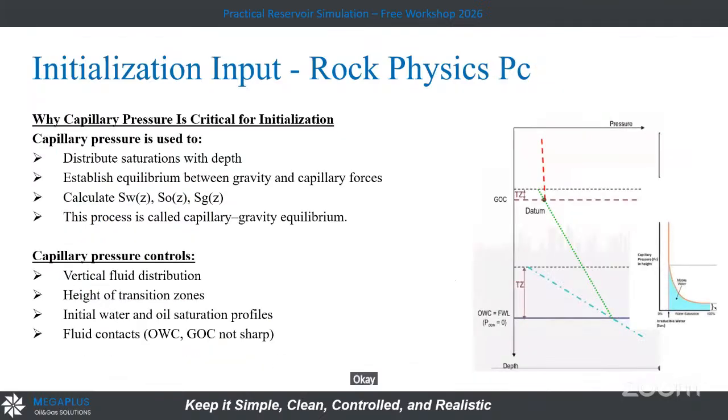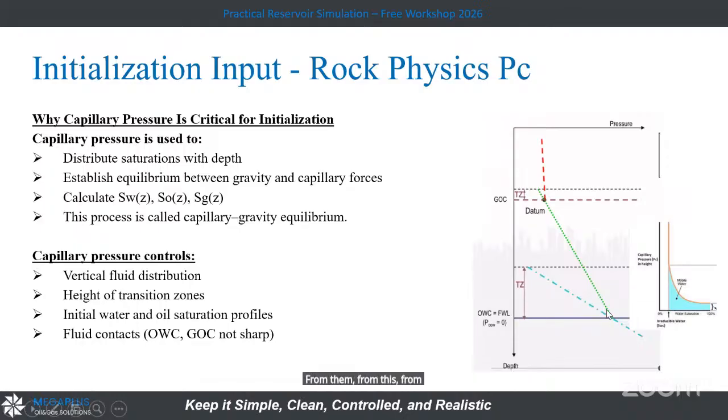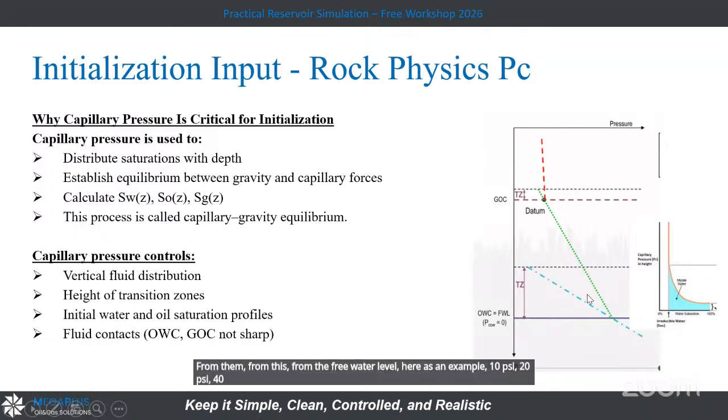Okay, so if I here, as an example, say that there is a free water level and this capillary pressure, as an example from 0 to 40 psi or something. So at each difference from the free water level, here as an example 10 psi, 20 psi, 40 psi, it will go through the dynamic model and insert the water saturation from the curve that I inserted.